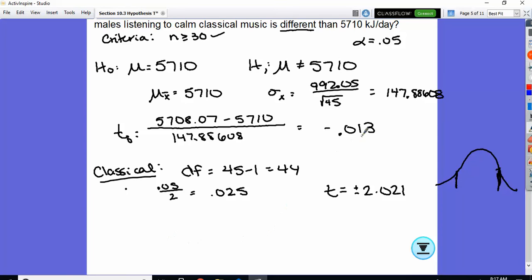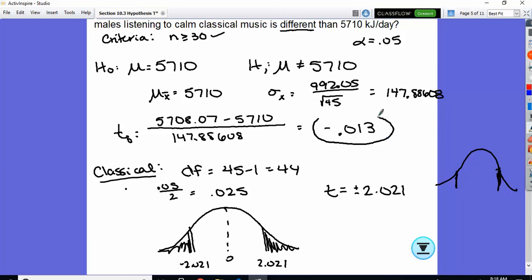All right, so then we have to compare these. What this tells me, here are my t-values. We know this thing is centered at 0, right? Essentially, if you're in that shaded area, you reject. If you aren't, you fail to reject.